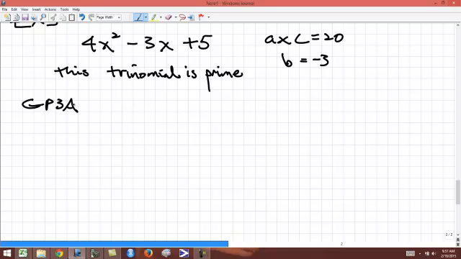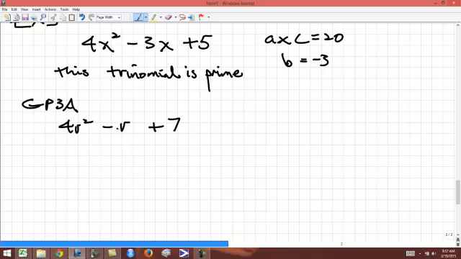All right, so we're going to do 4r squared minus r plus 7. Let's take a look at this. We know that C is positive, so either it is going to be the product of two positive factors or two negative factors, but it can't be a positive and a negative.